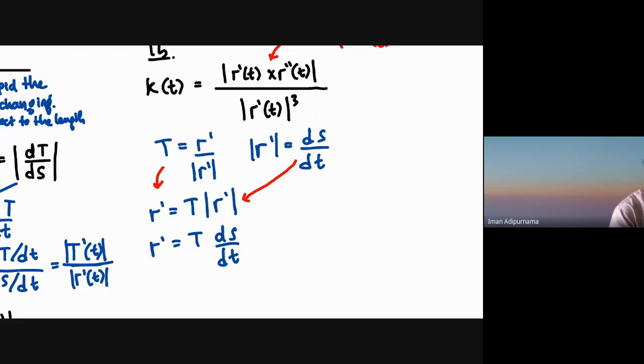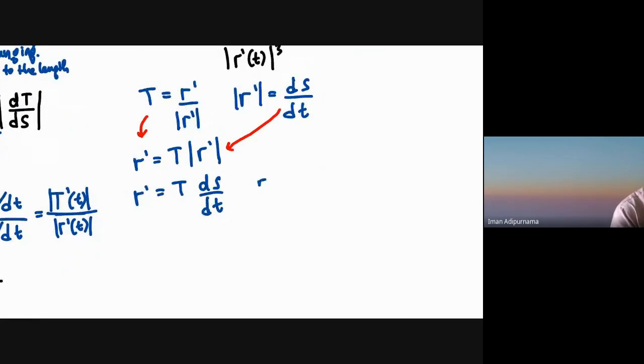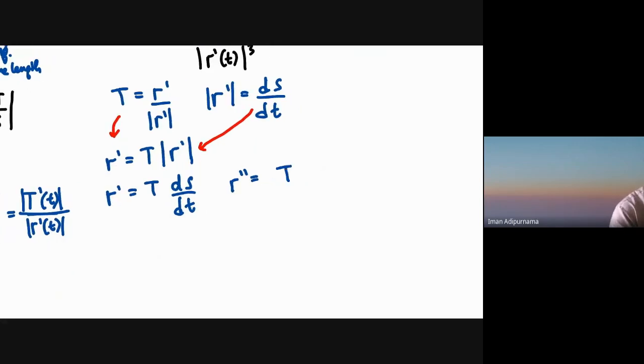Okay. Now, what we are going to do, we need to find the r double prime or the second derivative. So this is, let me write T ds dt, or maybe I write ds dt first, maybe much more clear.